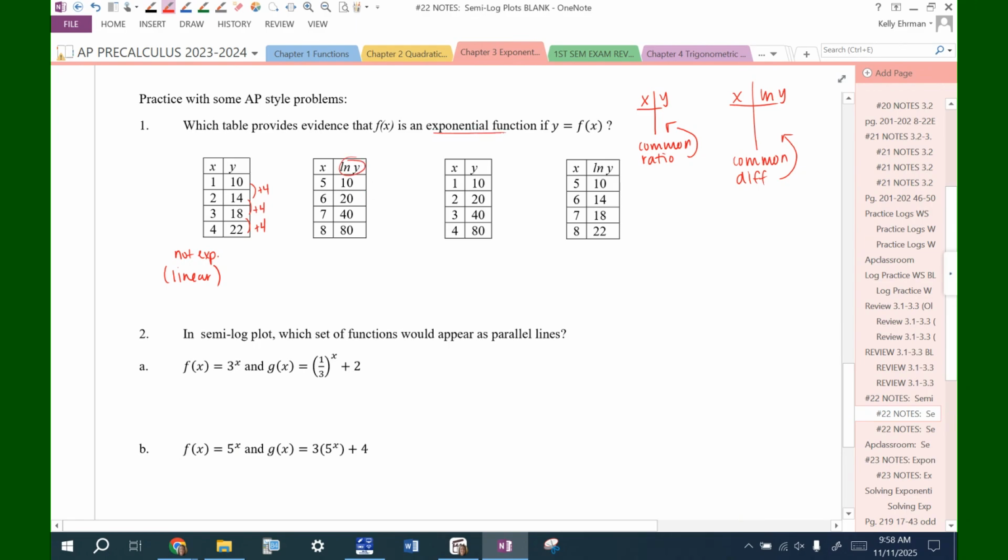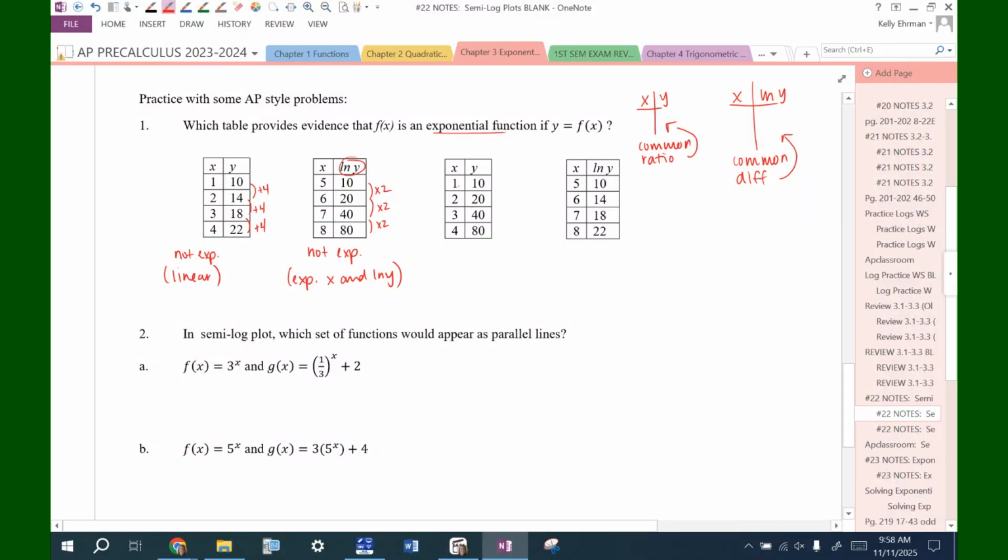So let's see. This one, add 10, add 20, add 40. That's not linear. This is doubling. This is times 2, times 2, times 2. So this is not exponential. There's an exponential relationship between x and ln y, but that's not what it's asking. It's asking if x and y have an exponential relationship.